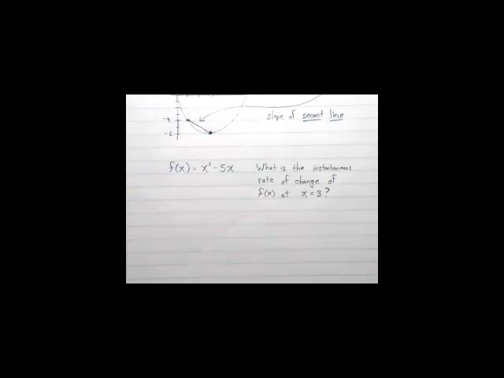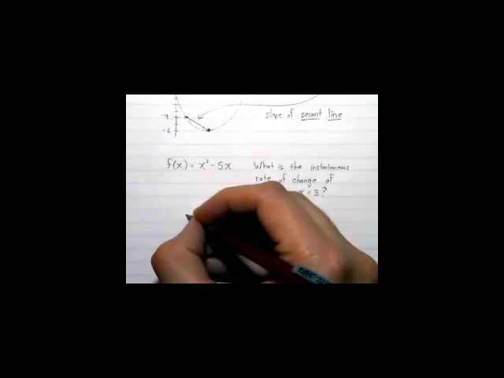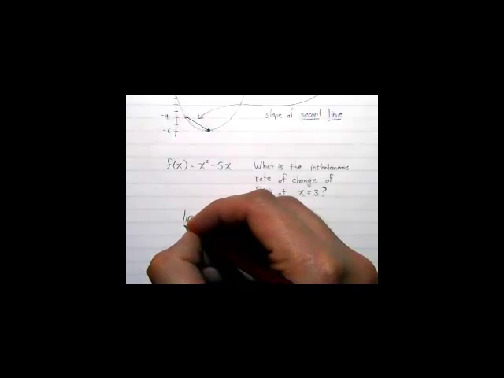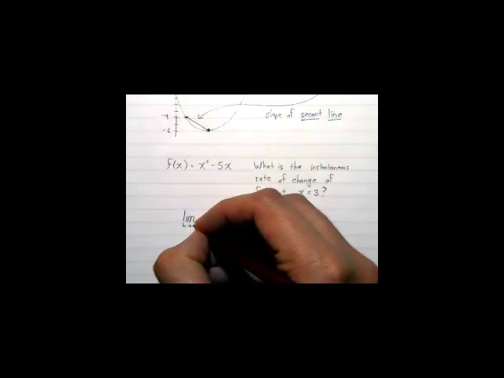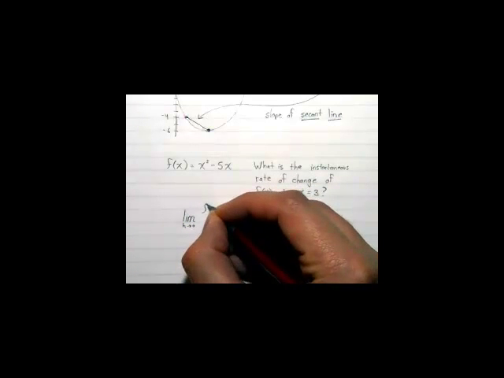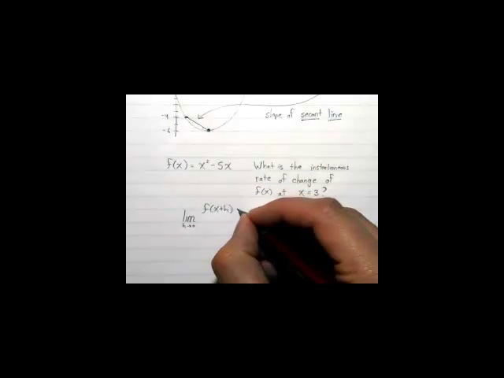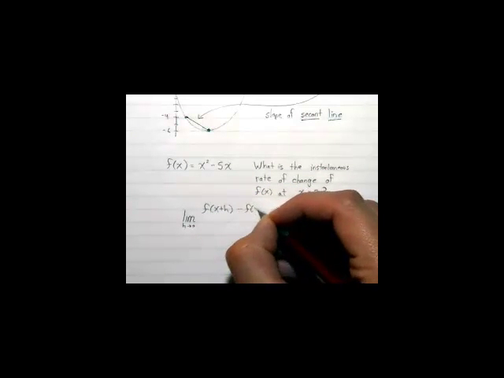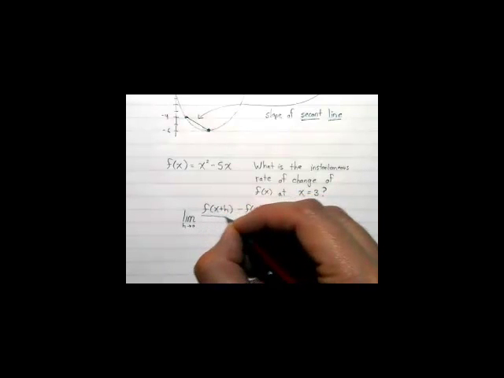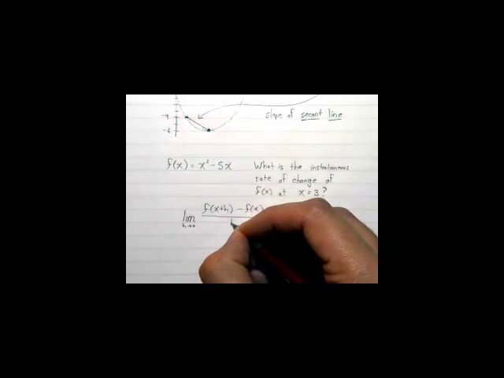And we came up with this limit definition here that said it's the limit as h goes to 0 of f of x plus h minus f of x divided by h.